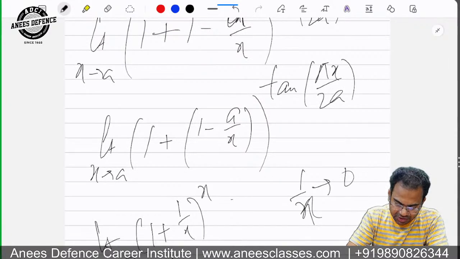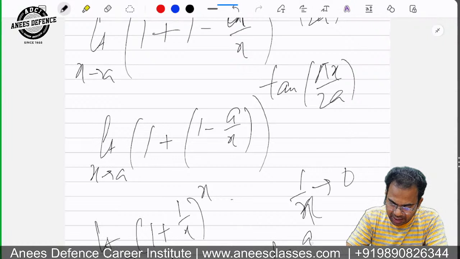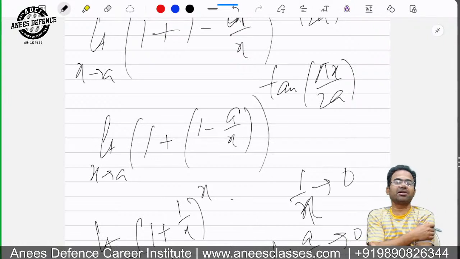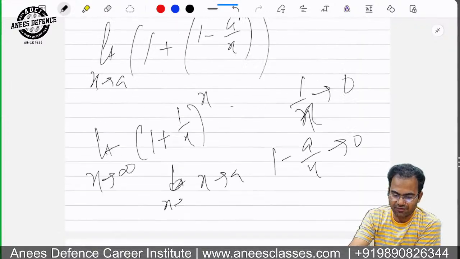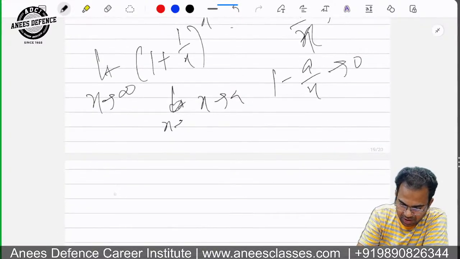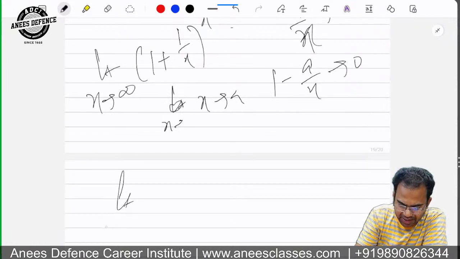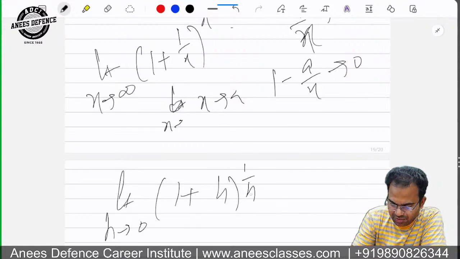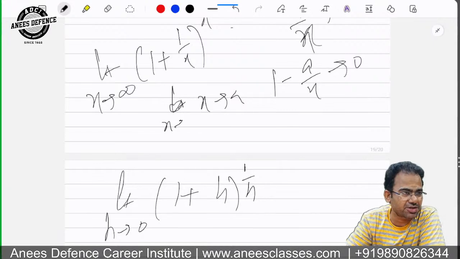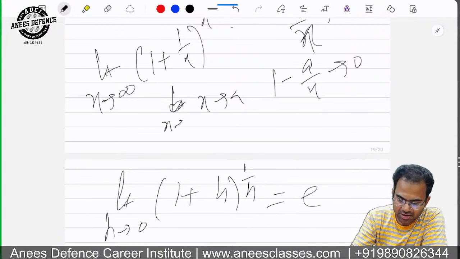So if x tends to a, you will find 1 minus a upon x tends to 0. There is no problem. So I can use the formula, okay? When h tends to 0, (1 plus h) whole to the power 1 upon h, then write e.